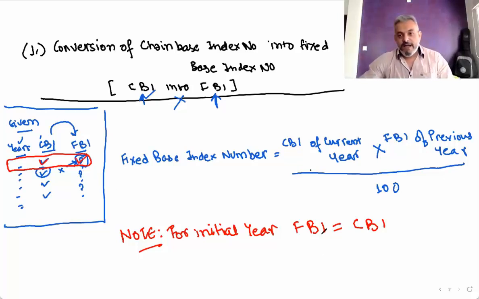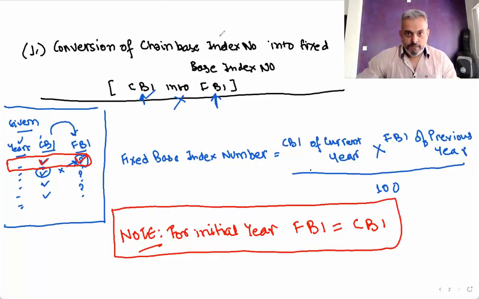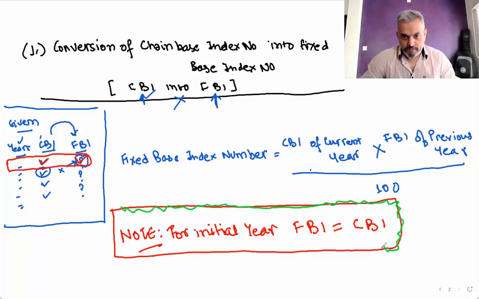So FBI is equal to CBI. This is a very important note. You should not forget this in the exam. Extremely important note.